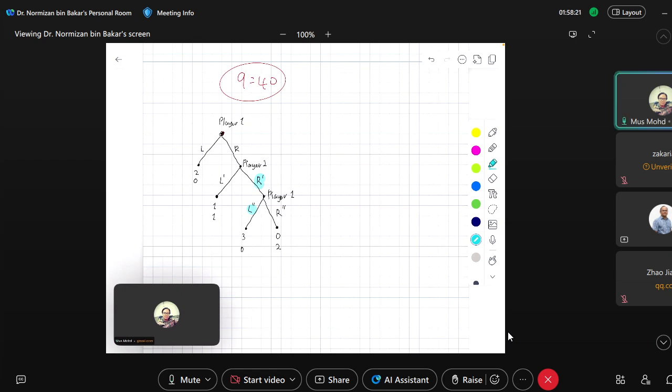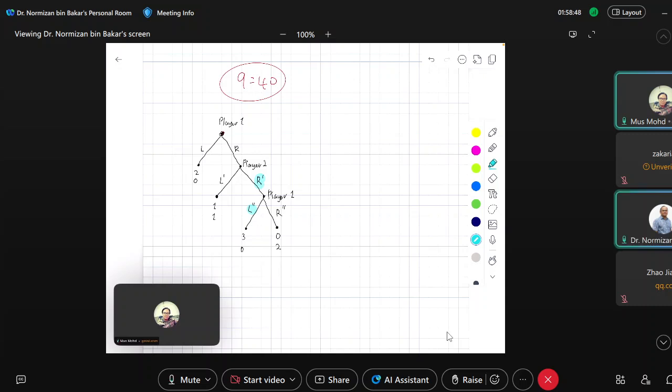After that player 2 will choose L prime, since player 2 knows that if player 1 chooses L2, they have a 0 payoff. So player 2 will choose L prime, because they have a better payoff of 1 instead of 0.